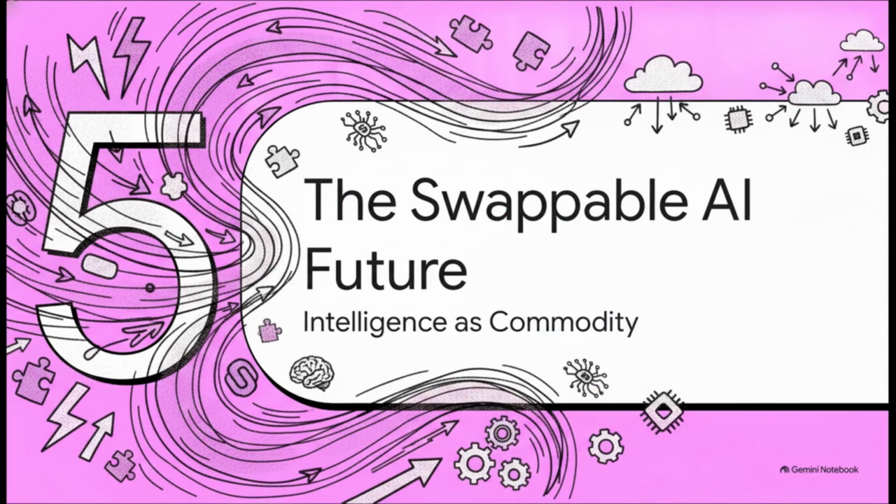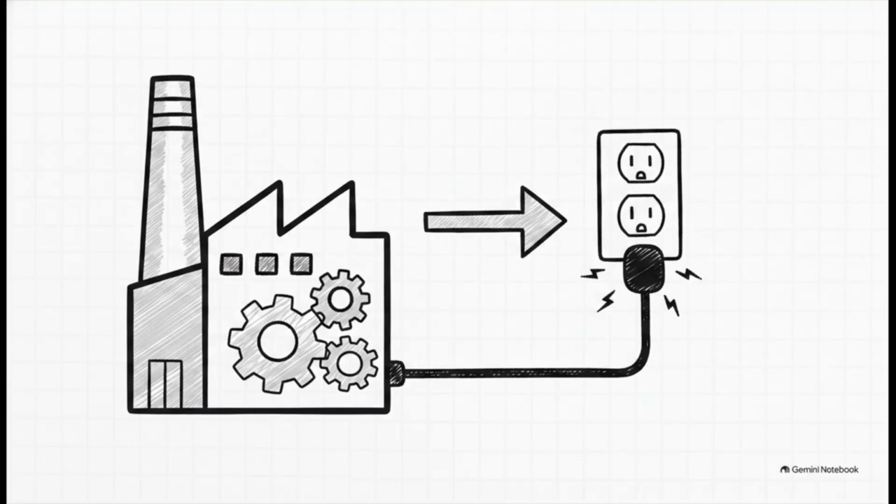Finally, Section 5, the swappable AI future, when intelligence becomes a commodity. Let's step back for a second and look at the massive paradigm shift this entire zero-cost, lightning-fast workflow reveals. We are witnessing something truly historic. Think about the electricity grid. A long time ago, factories were hugely proud of having their own dedicated power plants.